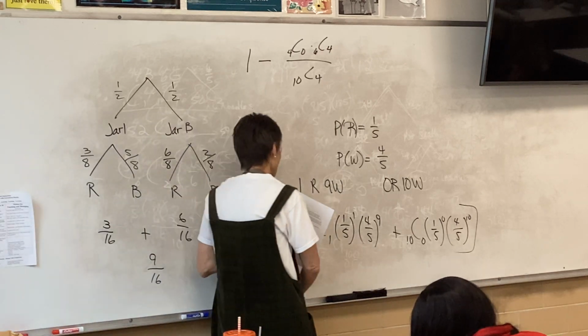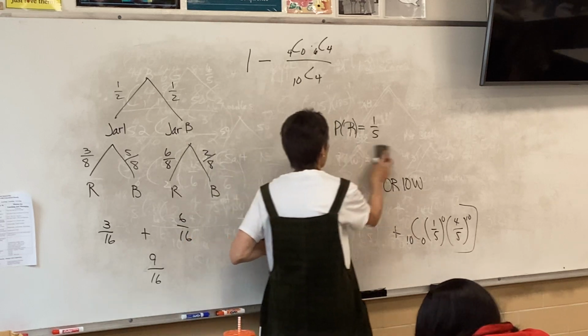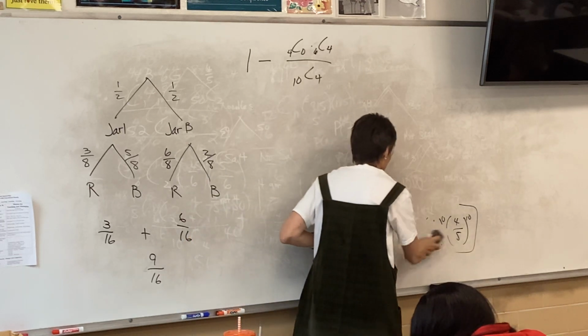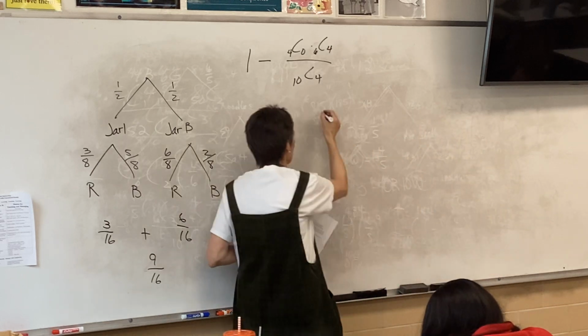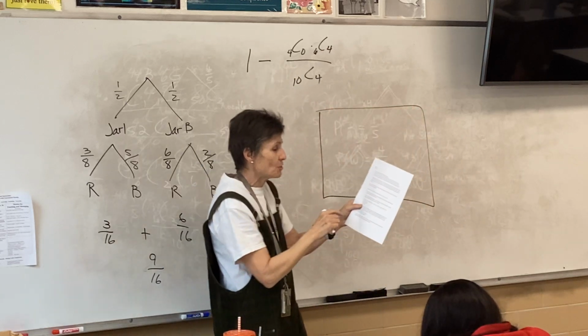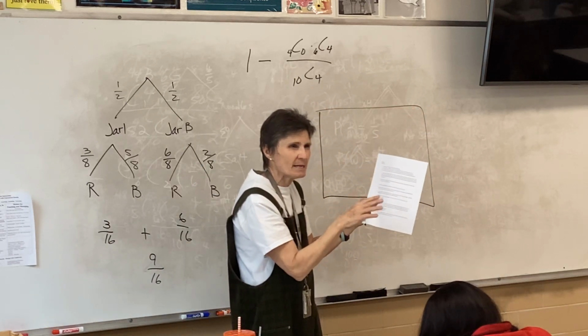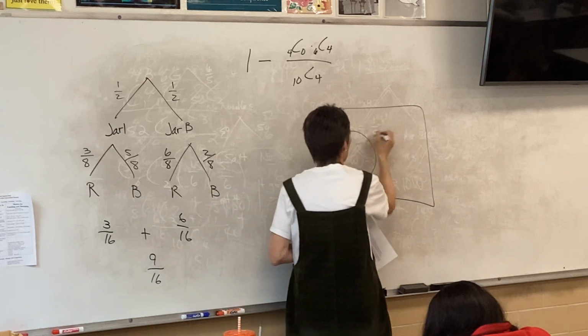All right, number 7, read the problem and tell me what your thought is as far as a strategy. What's your strategy here? Venn diagram, perfect. Anytime, guys, that you have A's and B's overlapping each other, that's a Venn diagram.